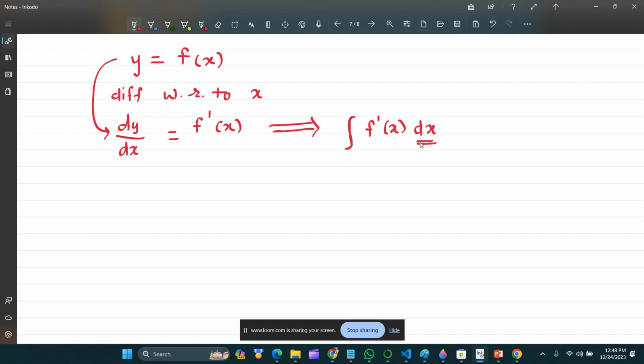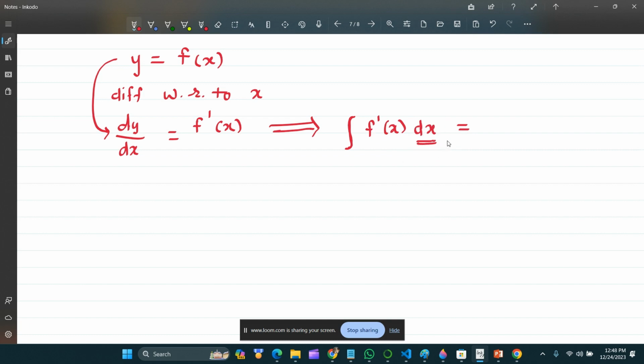Okay, dx: we can say f dash x is your name, and this is your surname. Without a surname you can't do anything. Here also, if we don't write dx, we can't take the integration. So we must write this dx.